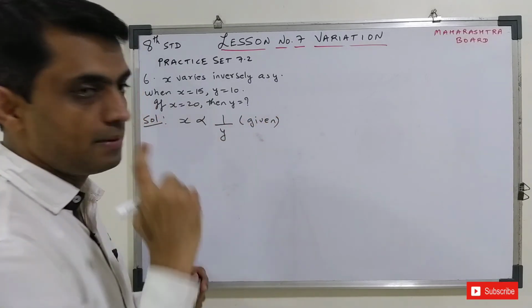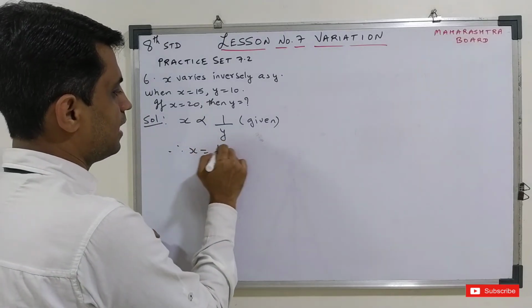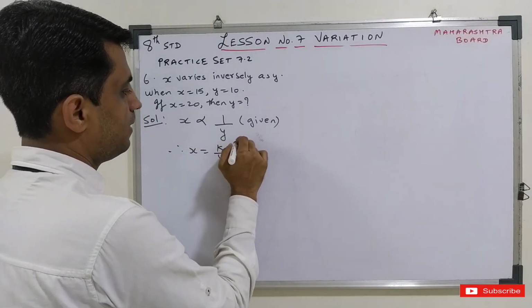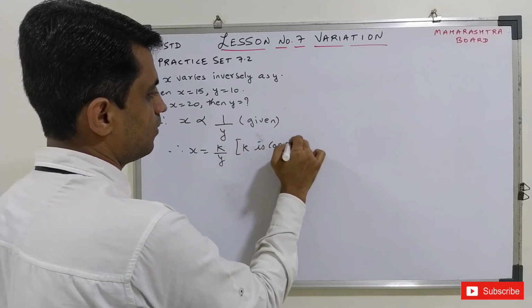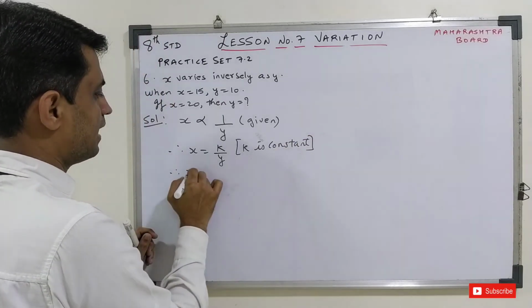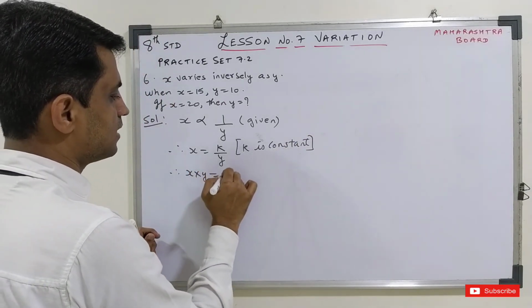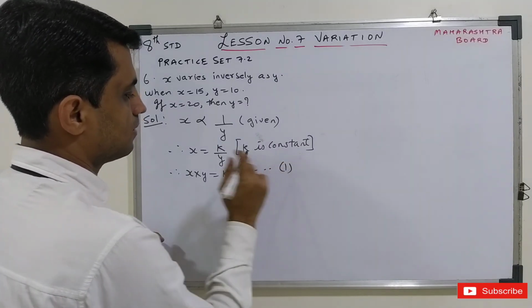Yes, students, the method remains same. So what will you get? x is equal to k upon y. It means here k is constant. Don't forget to write. Now, therefore, we will get x into y is equal to k. This will be our first equation.